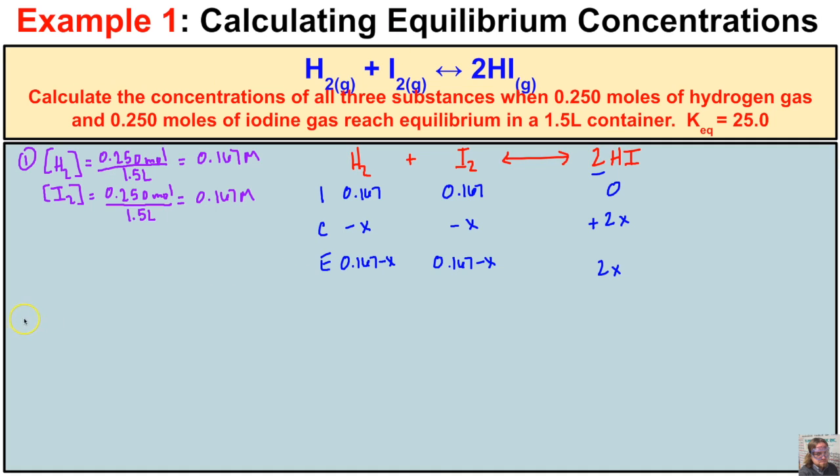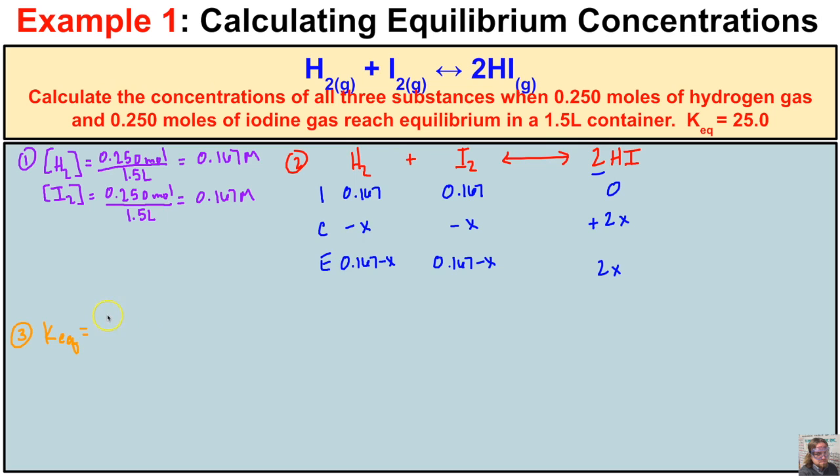And so in step 3, we'll label the ICE chart as step 2, and in step 3, here we go. The equilibrium expression for this chemical reaction, or chemical equilibrium here, is going to be products over reactants.